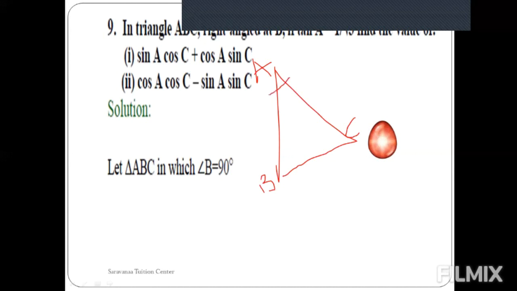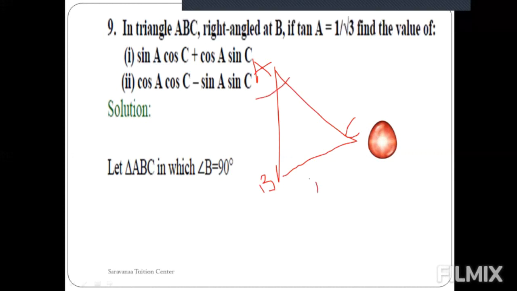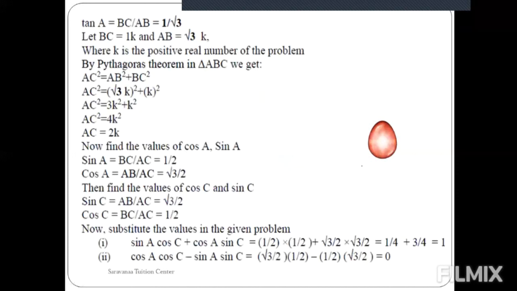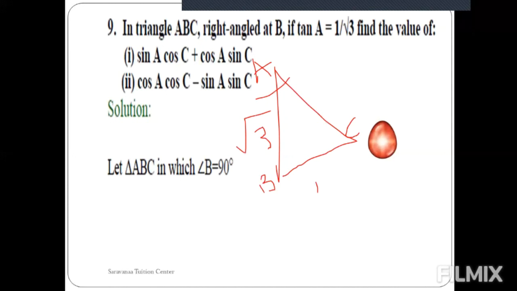This is from angle A. Opposite is 1 and adjacent is root 3. By using this, you need to find AC using Pythagoras theorem, that is AC equals 2. So this is 2.